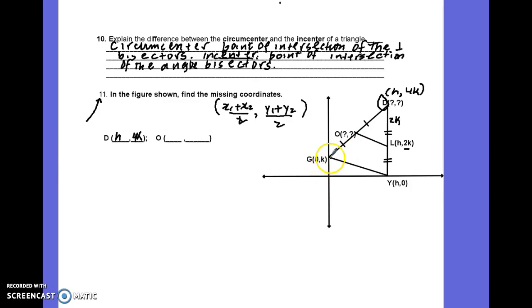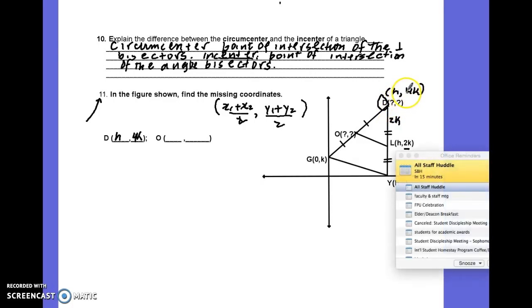We have the endpoint G with coordinates 0 comma k, and the endpoint D with coordinates h comma 4k. So here comes the x coordinate of the midpoint O. Let me give you the x1, y1 here, and x2, y2 over here.